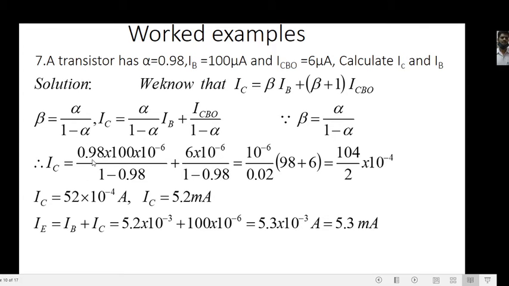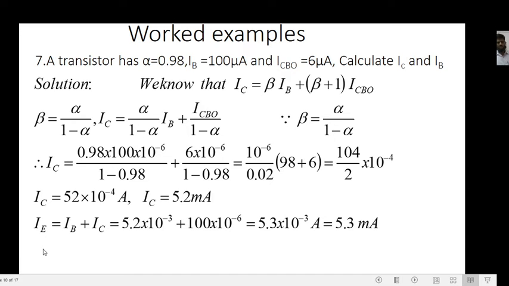Ic equals 0.98 into 100 into 10 power minus 6 divided by 1 minus 0.98, plus 6 into 10 power minus 6 divided by 1 minus 0.98, equals 10 power minus 6 divided by 0.02 into 98 plus 6, that is equal to 104 divided by 2 into 10 power minus 4. Ic is equal to 52 into 10 power minus 4 ampere, Ic is equal to 5.2 milliampere.